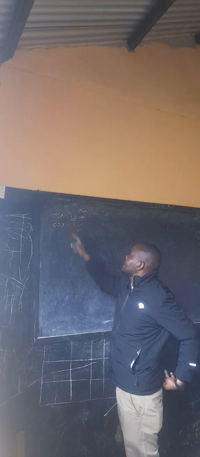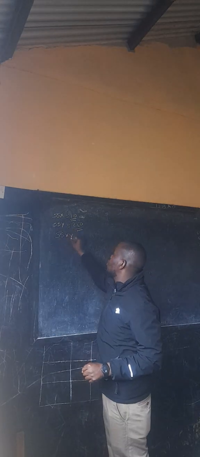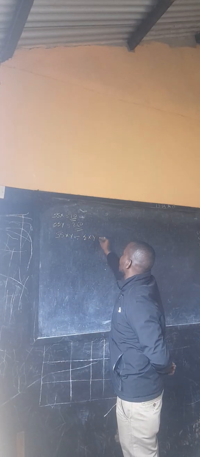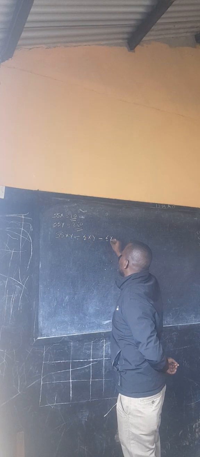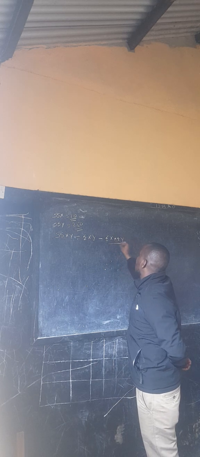We have found that SSX is equal to 10, then SSY is equal to 250. So let's continue now, finding SSXY. How do we find it? We do summation of xy minus summation of x times summation of y over n.